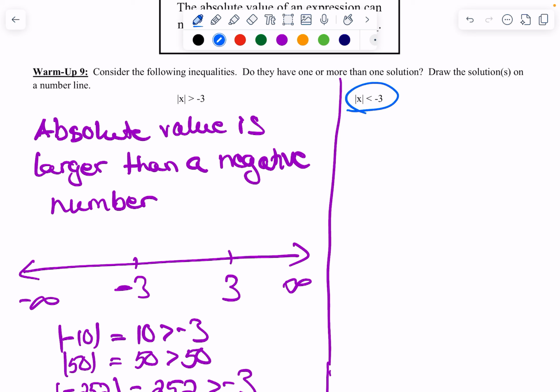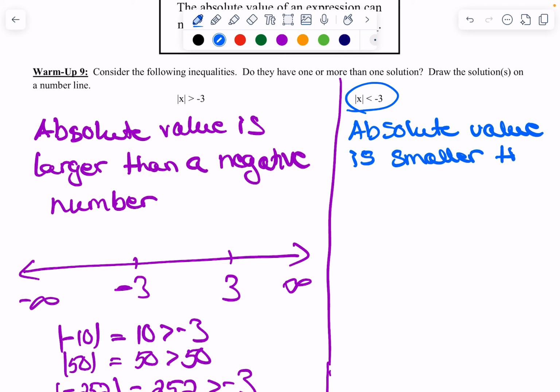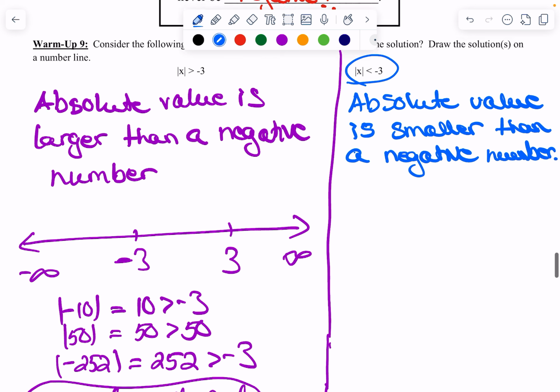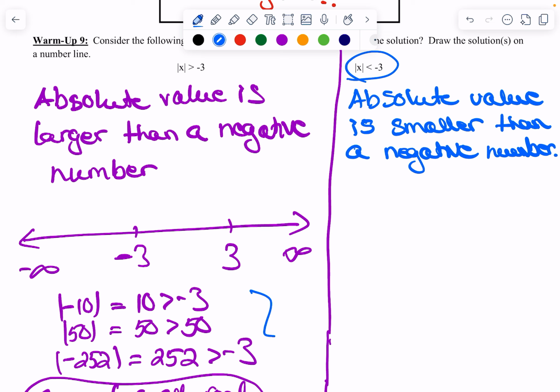Here we have absolute value of x is less than negative 3. So absolute value is smaller than a negative number. Is that possible? If we think about, again, all the options that we did here, all of them were greater than.